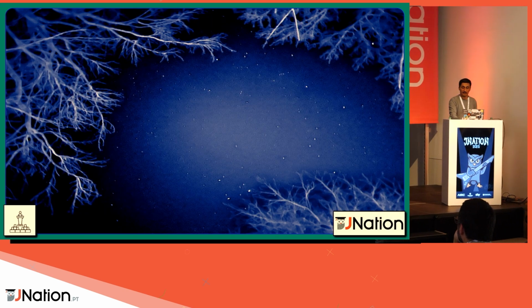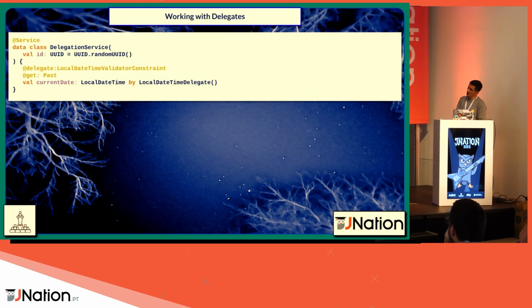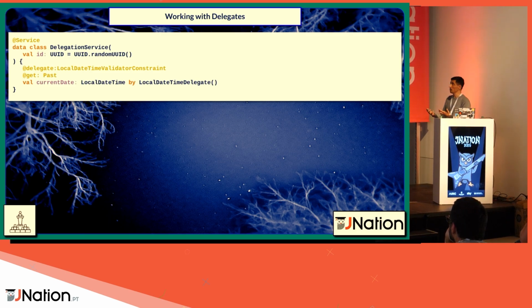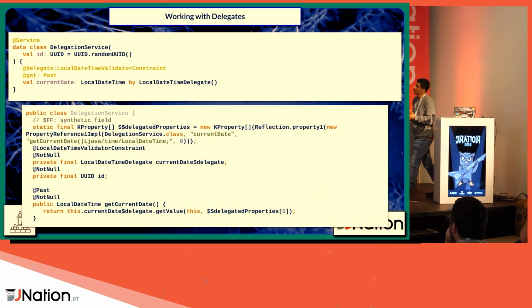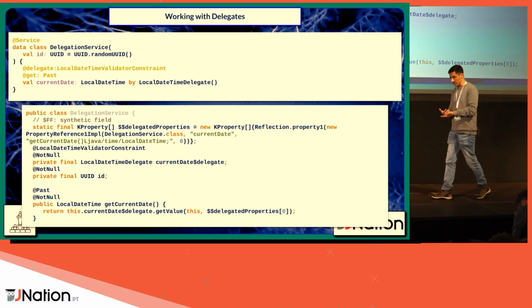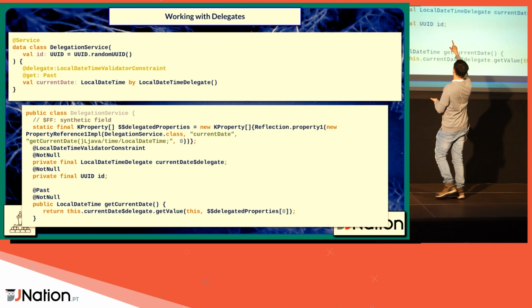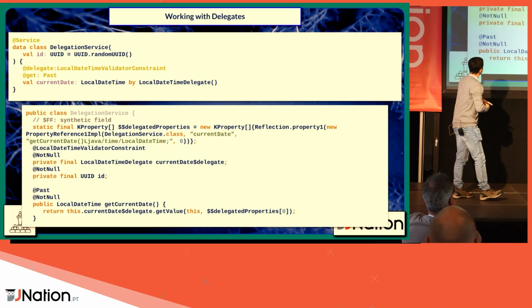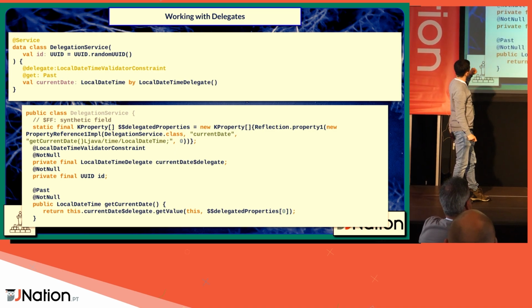And that means that in this example, which is kind of a parallel to what we found useful in our project, we were able to apply a validation annotation to a delegate using a delegate LocalDateTime validation constraint, which I will show the code for in a bit.